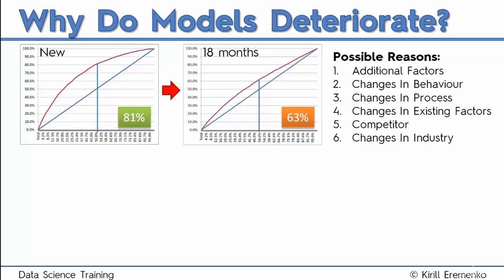Changes in the industry, that also could be to do with competitors, or maybe a new product has been introduced in the industry, or maybe there's been a lot of consolidation in the industry, and now there are major players that customers are gravitating towards, or the opposite. Maybe companies have broken down into little ones, or maybe there have been acquisitions or mergers.